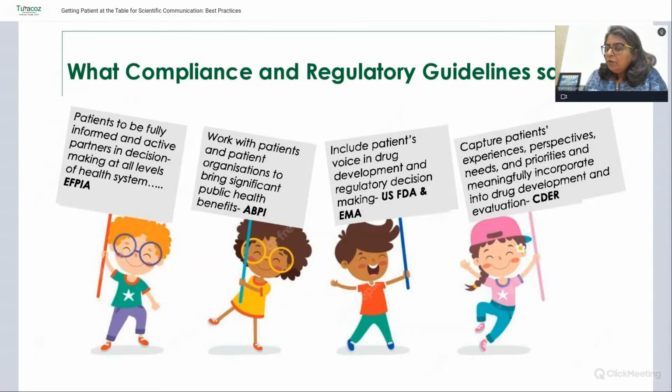So in the interest of even the business aspect of whatever the industry is doing, it becomes important to involve the patient's voice in drug development and regulatory decisions. And it will go a long way in meeting their business goals, along with, obviously, the patient being better involved, we will have a better improved patient outcome.